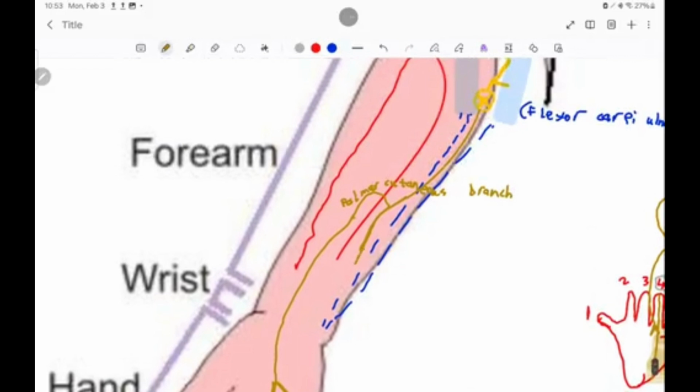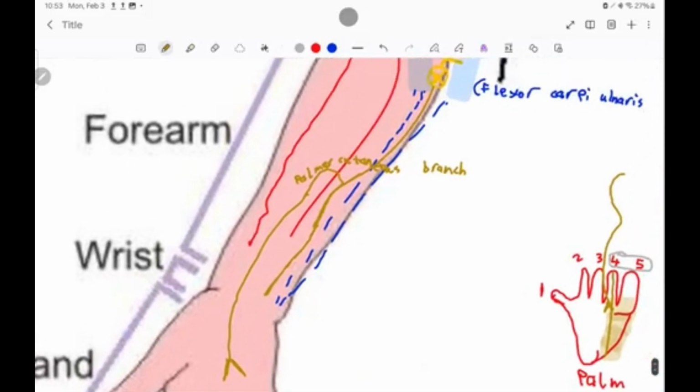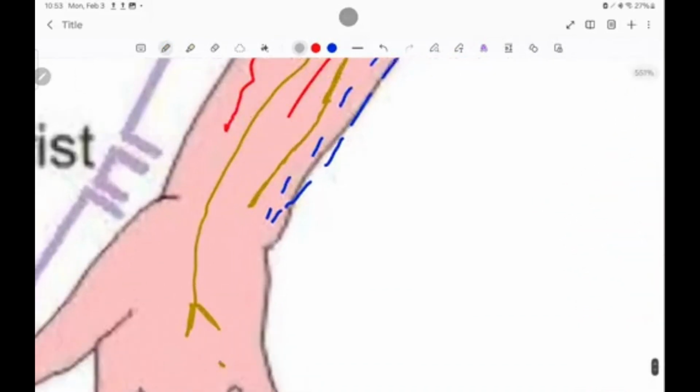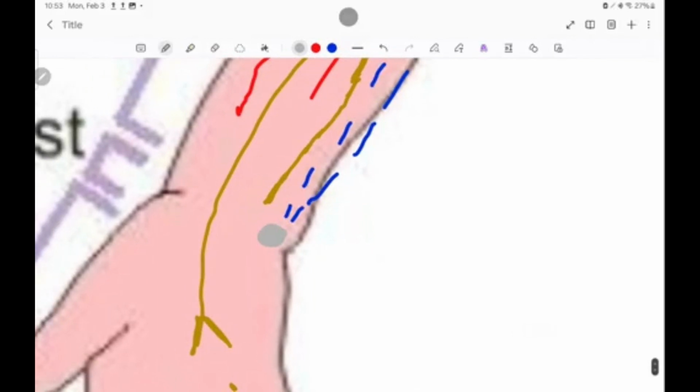Now it's lateral to the tendon of flexor carpi ulnaris, and there is also something else that it's lateral to. Right here we have the carpal bones. Here is the pisiform bone. You know the mnemonic? Sarah looks too pretty.